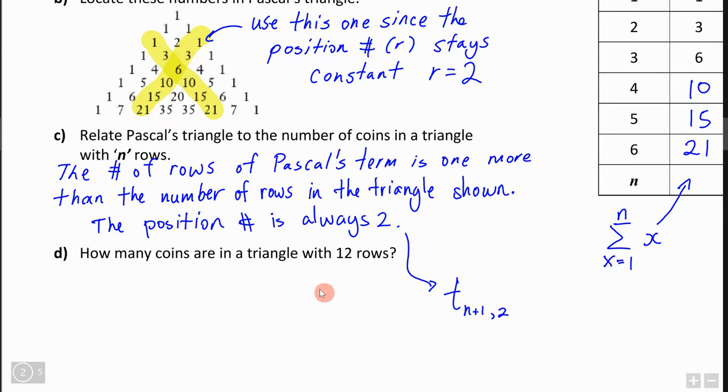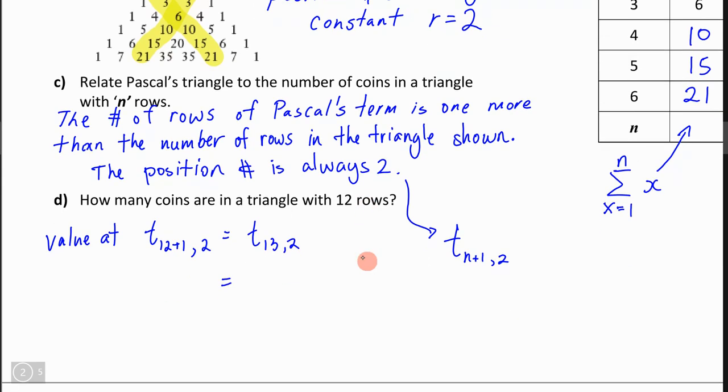So how many coins are in a triangle with 12 rows? Then that means I need to find the value in Pascal's triangle at row 13. So it's t of 12 plus 1, comma, and the position is always 2, so I'll leave it as 2. So it's t of 13, comma 2, which is the sum of all the rows from 1 to 12.